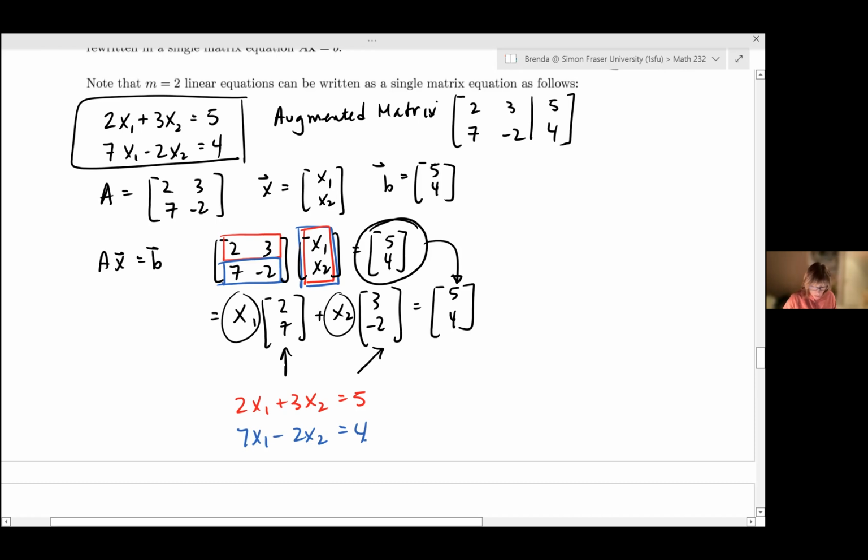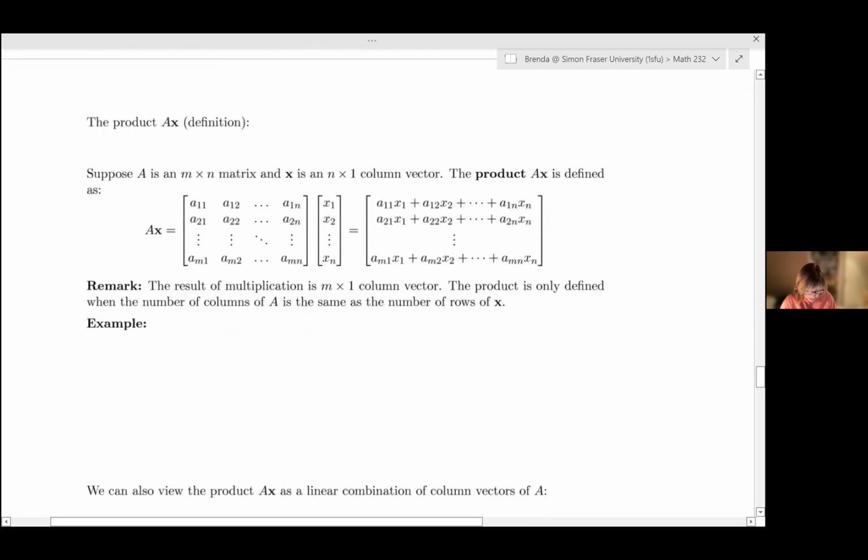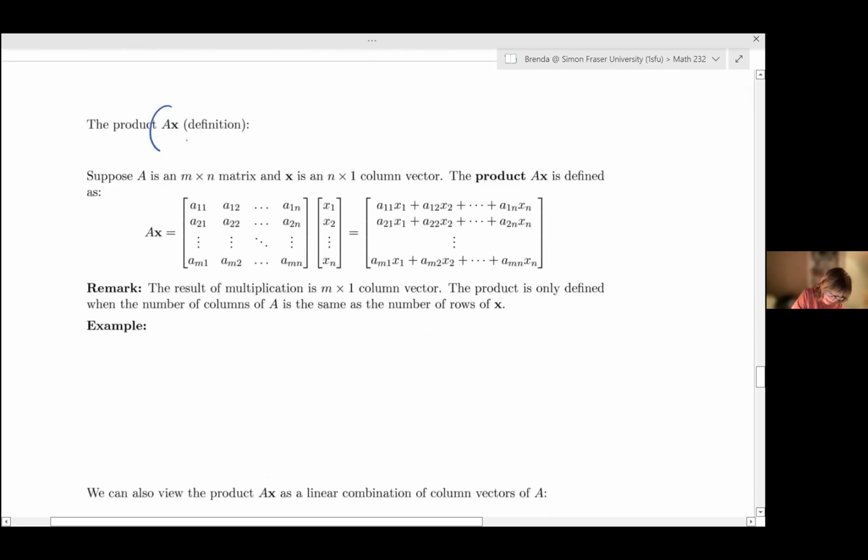Okay, so we're going to state this as a definition and then we're going to look at a couple of ways we can interpret it. Here is the definition. The product Ax. This is matrix A multiplied by vector x. Okay, so there it is, an m by n matrix and an n-component column vector.